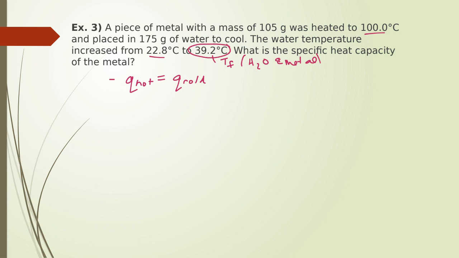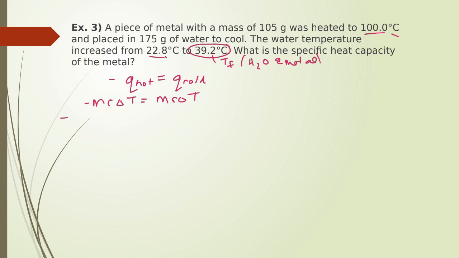It's going to lose energy, so we have to put a negative sign in front of it. Now, Q is equal to MC delta T. So we're going to be writing this out on both sides. And it's our job just to know, who's the hotter substance, who's the colder. Well, the metal is hotter and the water was colder. It was at 22.8. So let's sub in what we know.